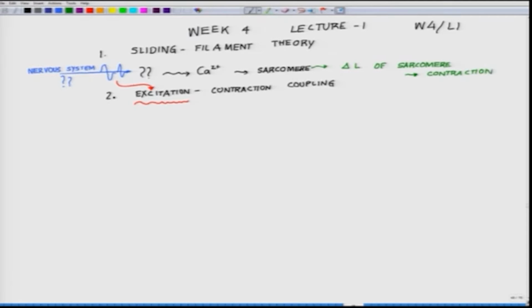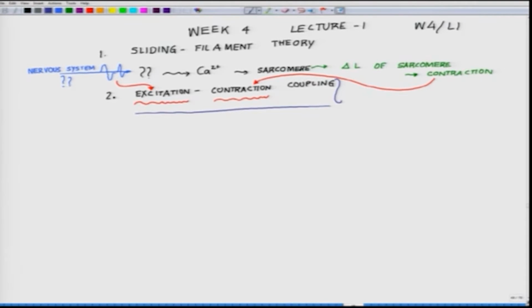So, now add up the point 2, it is this contraction which is coming here, and there is a way to couple these two together which is happening here. So, that is why it is called excitation contraction coupling.